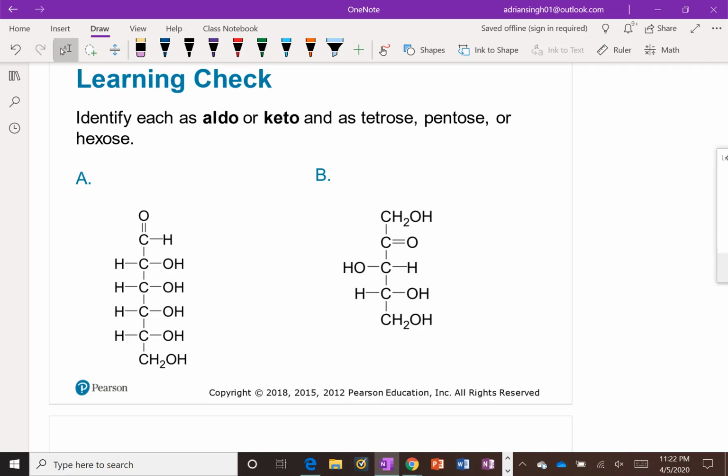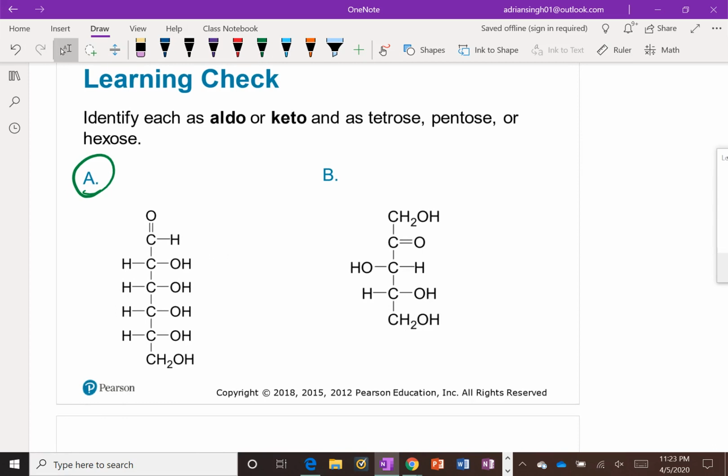All right, so let's take a look at A right now. These are all sugars, so they're all going to have that OSE ending. Let's first decide how many carbons are in each of these. In A we have 1, 2, 3, 4, 5, 6, so this would be a hexose. And then let's see the functional group.